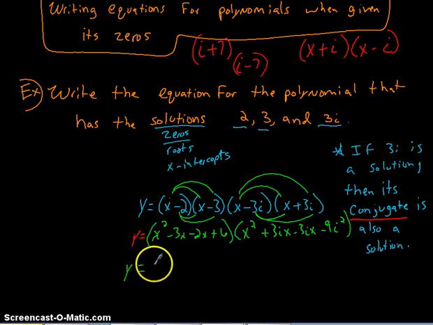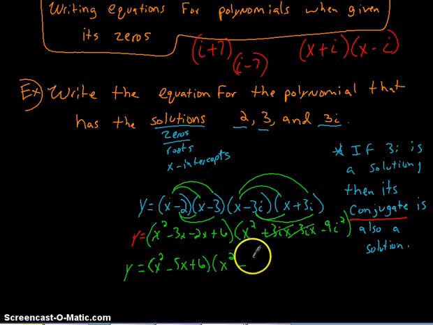y is equal to x squared subtract 5x plus 6, times x squared, these cancel, subtract 9i squared. What we know from another lesson is that i squared is the same thing as negative 1. So this is negative 9 times negative 1, so it's positive 9.